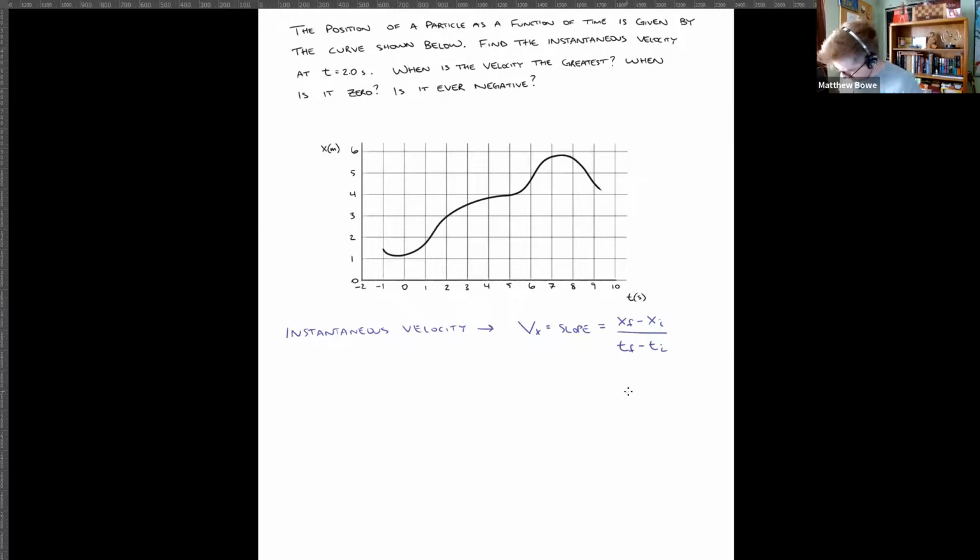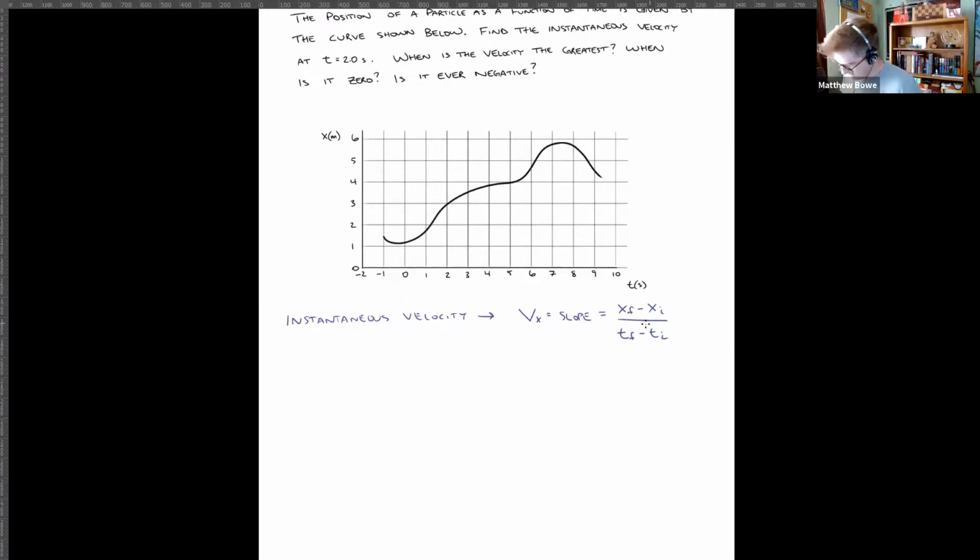All right. So I don't think I have to go step by step with this. I'll fill it in right here. So we'll do a medium step by step. First, I need to find what I'm looking at. I want to know the instantaneous velocity right at time 2. So right here is this point right there.